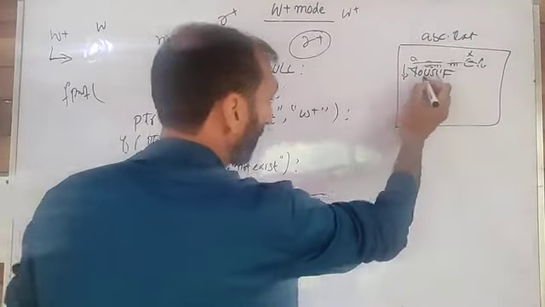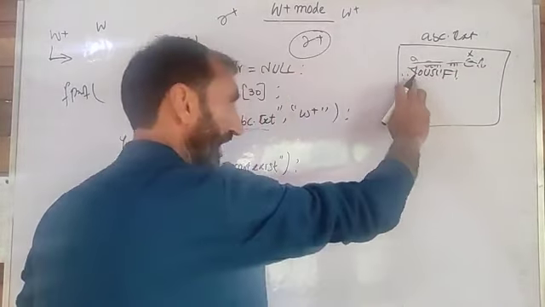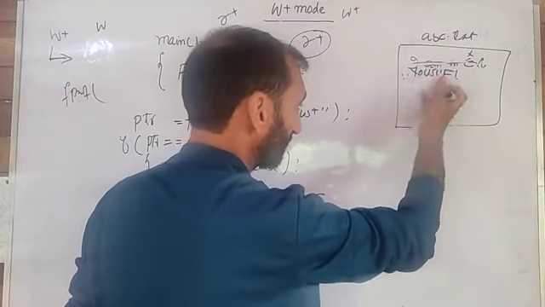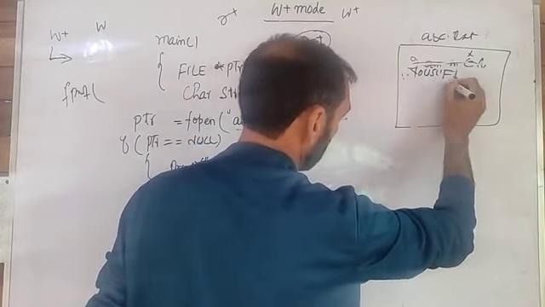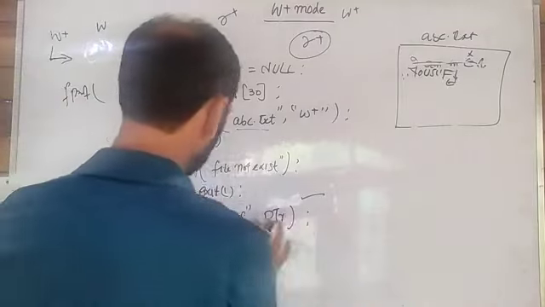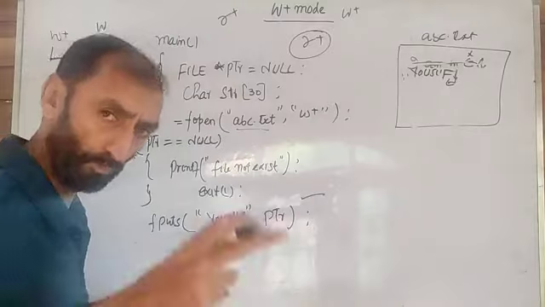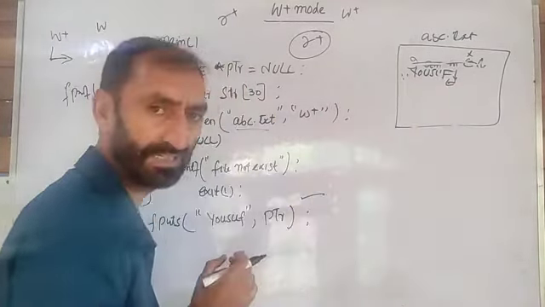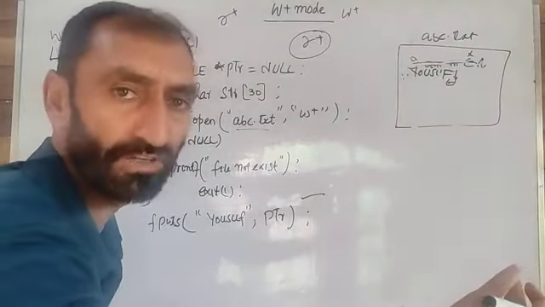So now the new content is here, Yousuf, and now the cursor will reach here, because first Y will get written, then O, then U, then S, then U, then F, and at present the cursor is here. Now I hope you have understood what the output would be if we open the file in W plus mode and the file is already existing in the hard disk, and we want to write some contents to that file.